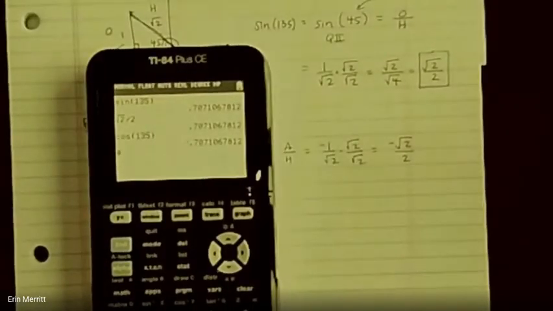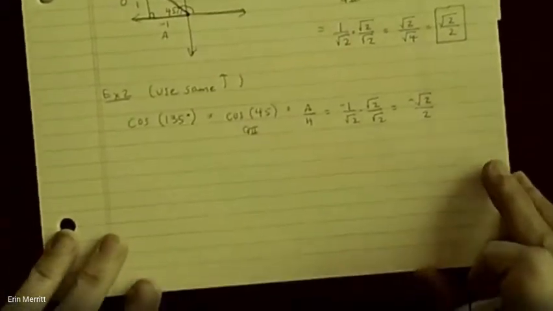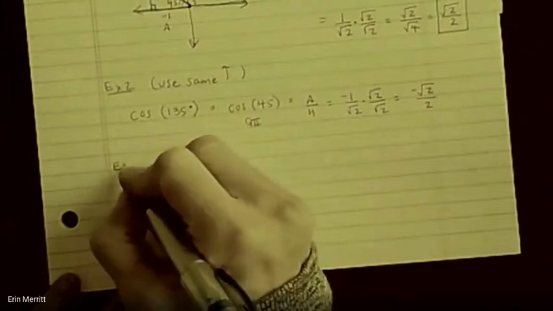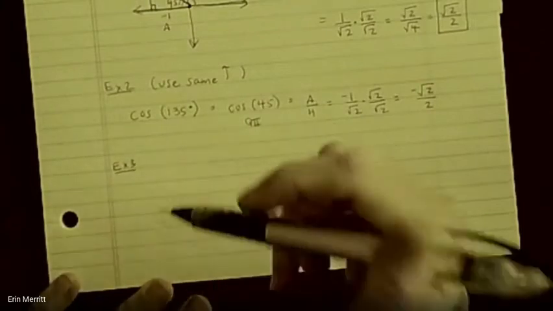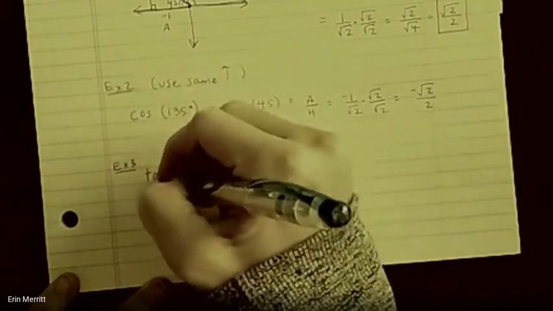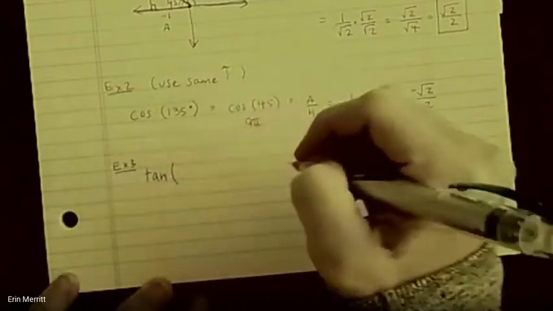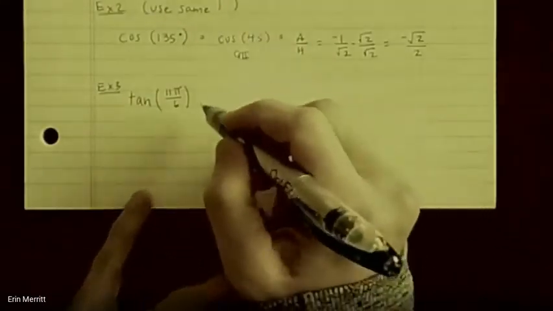All right, let's do one more example, and let's make it with radians. So example 3, let's do the tangent of 11 pi over 6. We start by drawing it.